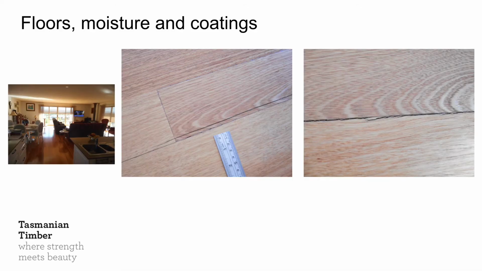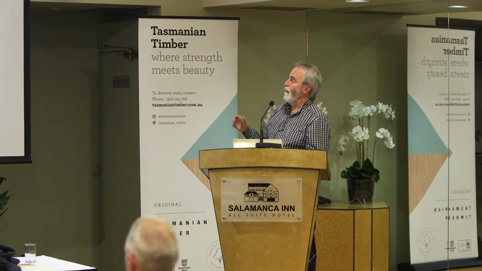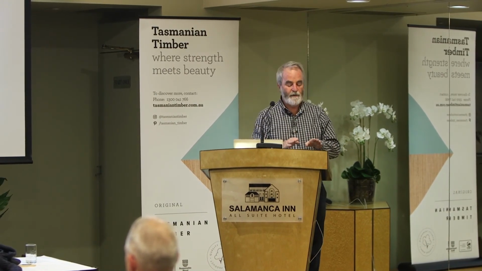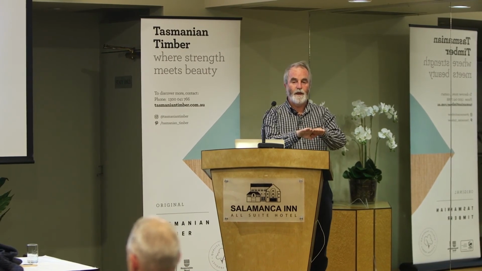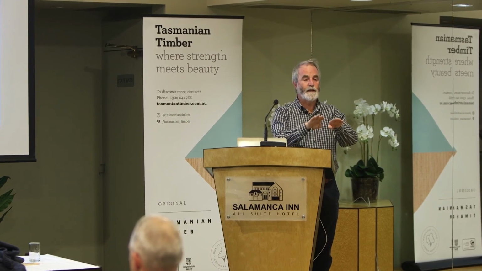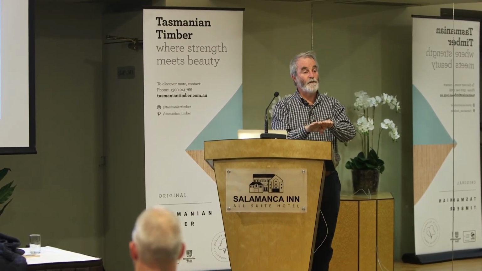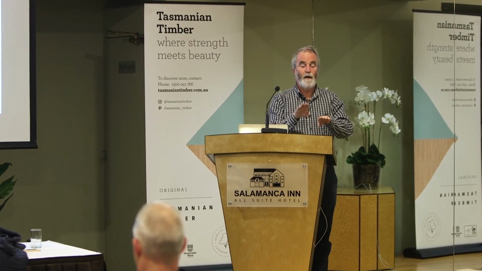This is a job that we're asked to inspect, and like all jobs where there's a problem, there's generally a problem because of 3 or 4 reasons rather than one. I won't go into what the background of the job is or who did what. Suffice it to say that the boards were put in with little gaps between them. The coating was put on and it was a polyurethane coating.